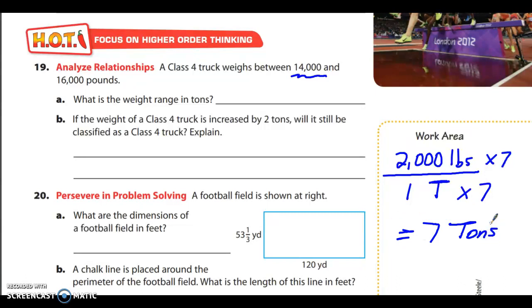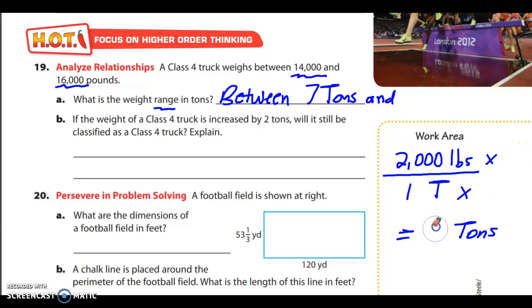Now that's for the low end. And it says what is the weight range, which means we're going to provide 2 answers. We're going to say between 7 tons and we got to do our next answer, which is 16,000 pounds. So I'm going to do the same thing right here, except I'm going to erase this 7, and I'm going to say how do I get from 2,000 pounds to 16,000 pounds?